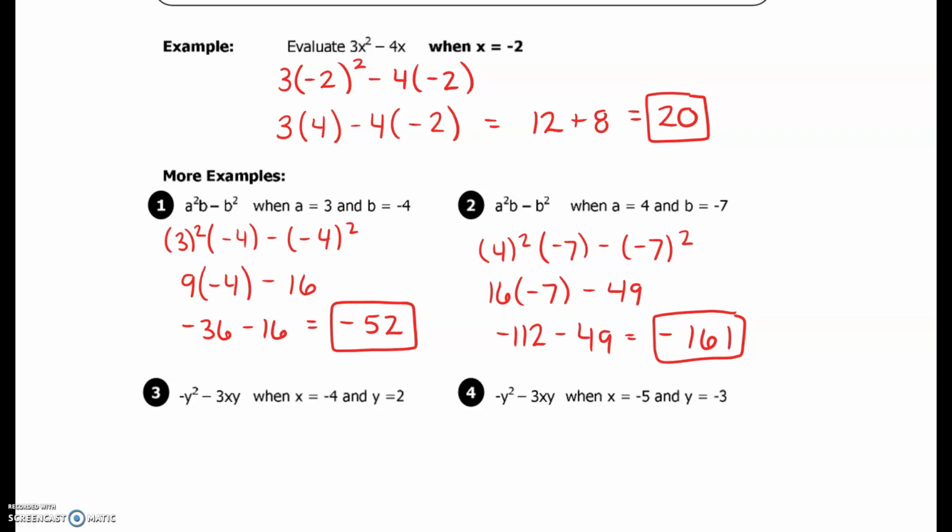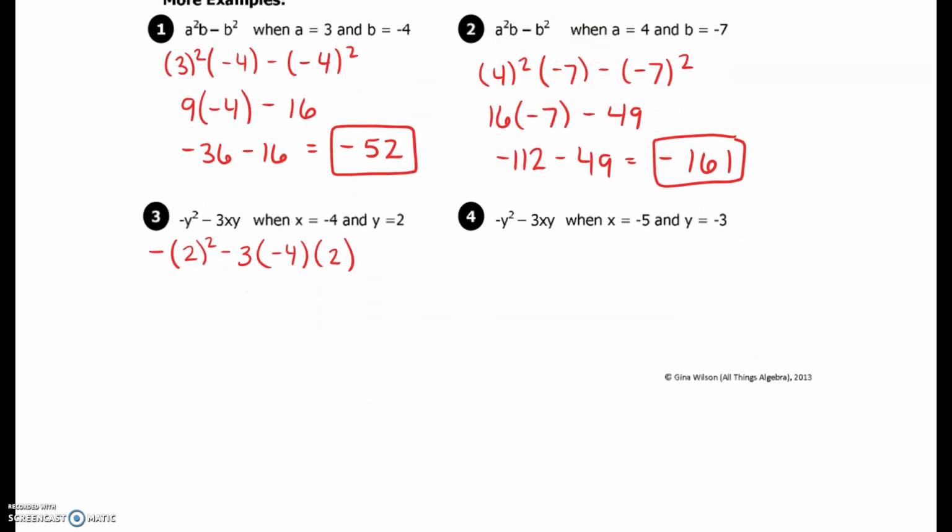Now in number 3, be careful. The negative is actually within the original expression. So for number 3, the negative will remain on the outside of the parentheses as I substitute 2 for y and negative 4 for x. So in this case, we will simplify the exponents. 2 to the second power is 4, and then the negative should remain on the outside.